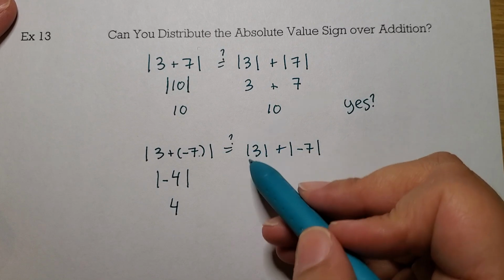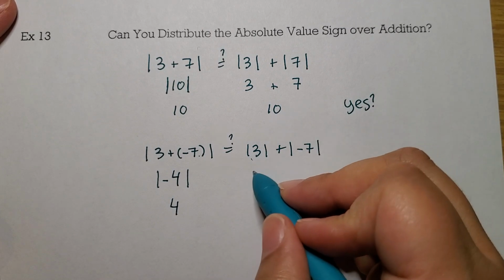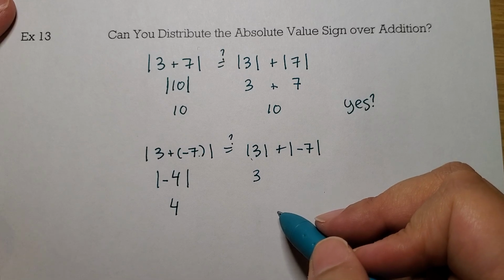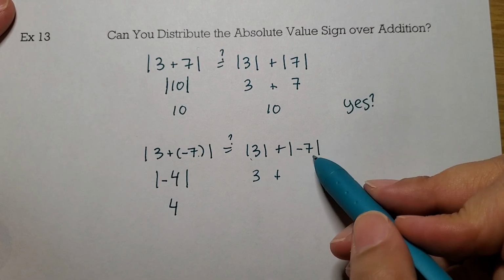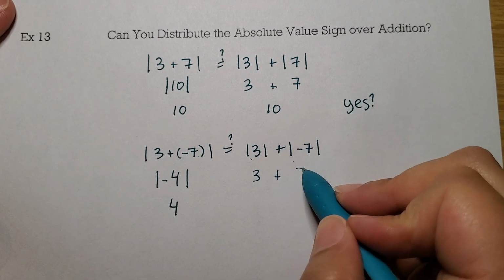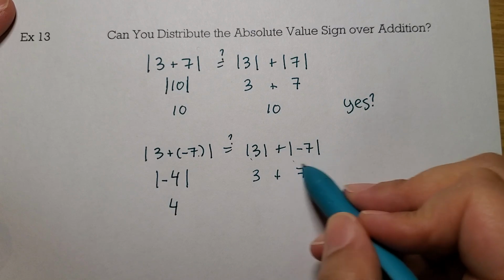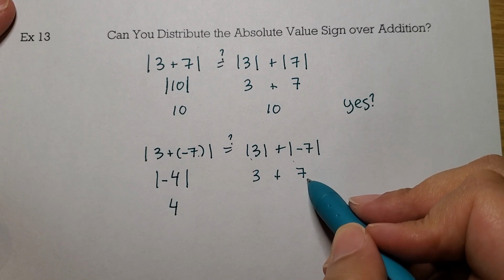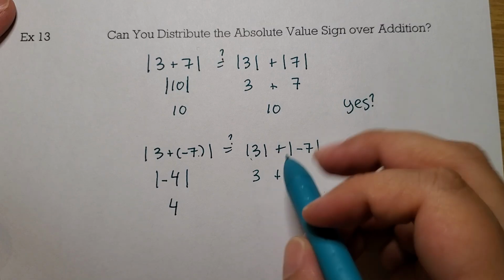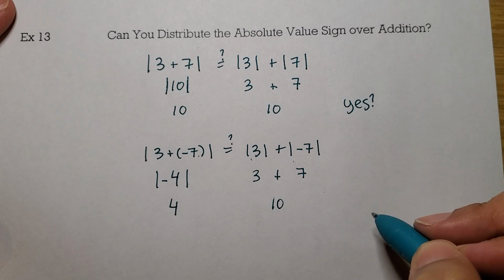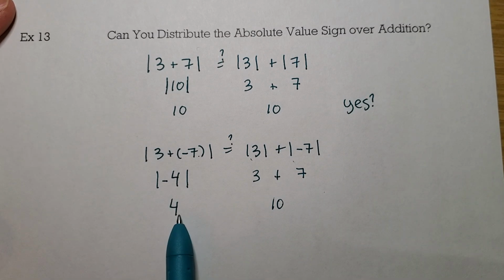On the right-hand side, the absolute value of 3 is still 3. Since 3 is positive, it won't change. The absolute value of negative 7 is positive 7, since the absolute value makes a negative into a positive. And now when I add these, I get 10. Aha.